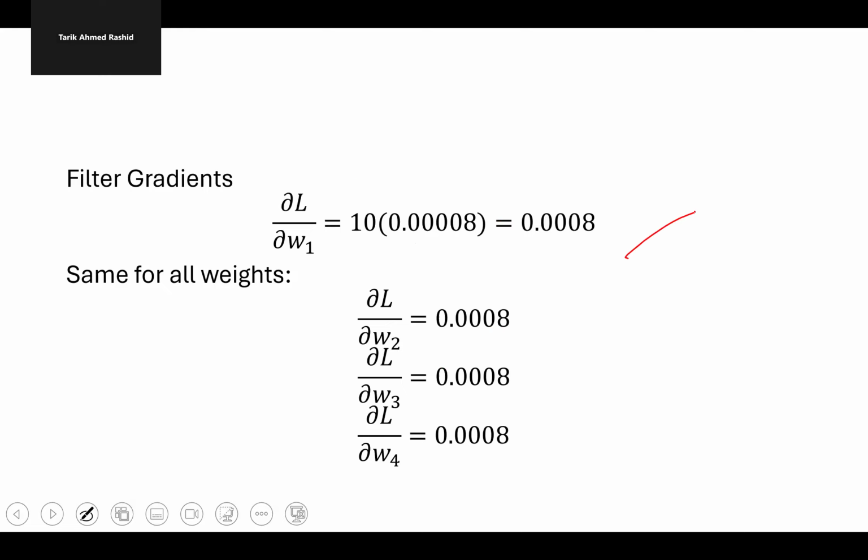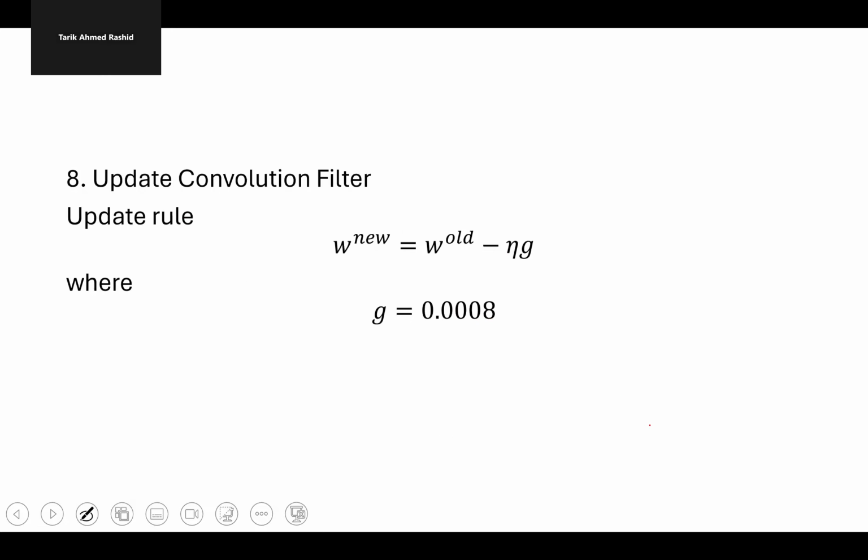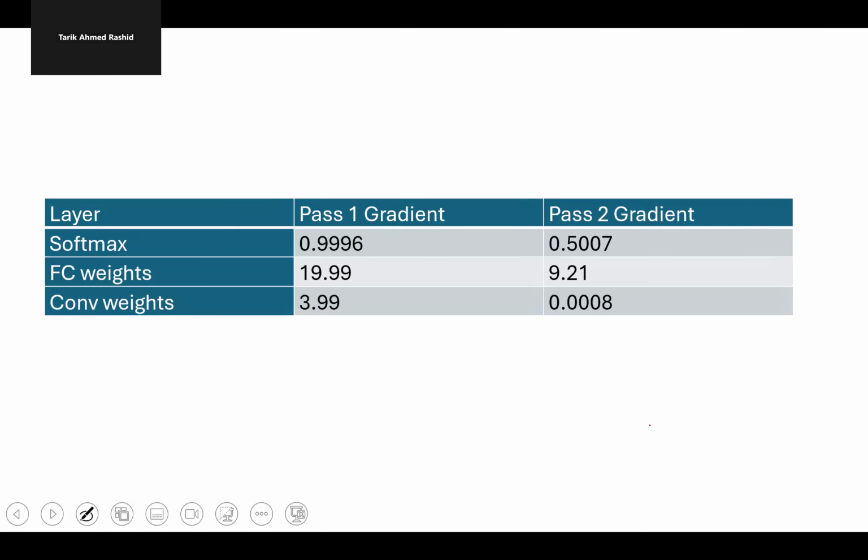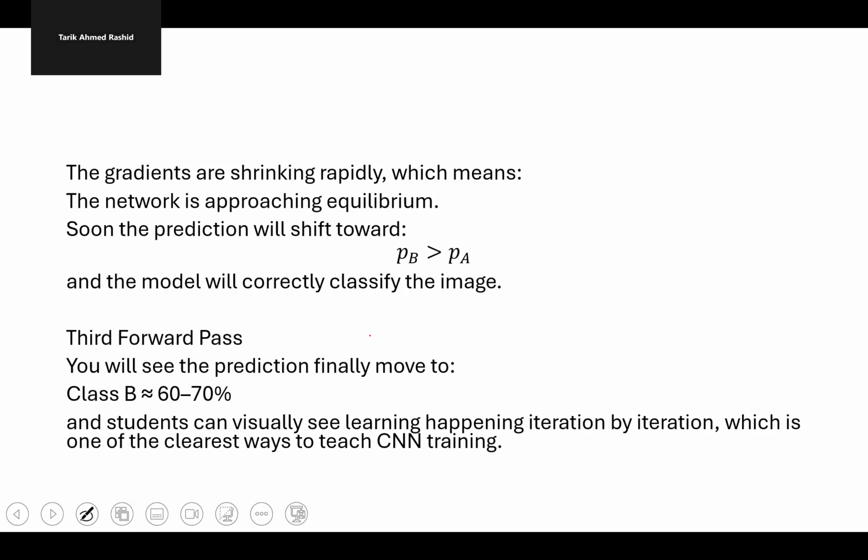That's how we find it, and we can update it. And these are the weight updates. You can see how the softmax has changed, how the weight connection has changed, and also how the convolution has changed.